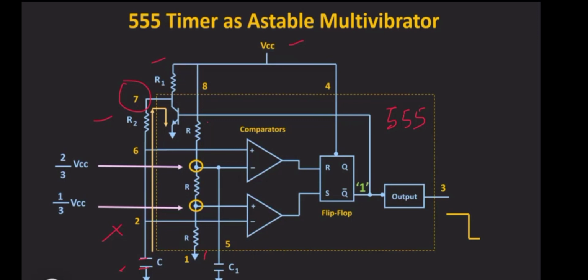Now if you come to the working, as soon as VCC is given, listen carefully, what happens? The capacitor starts charging. Whenever the voltage across the capacitor reaches 1/3 of VCC, it will be charging like this.